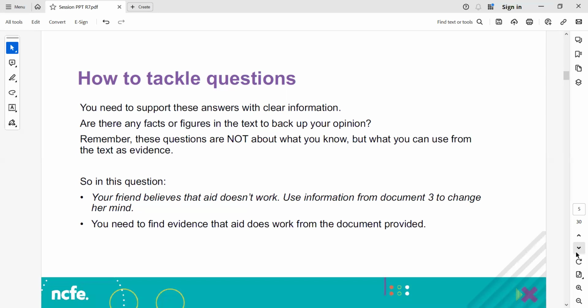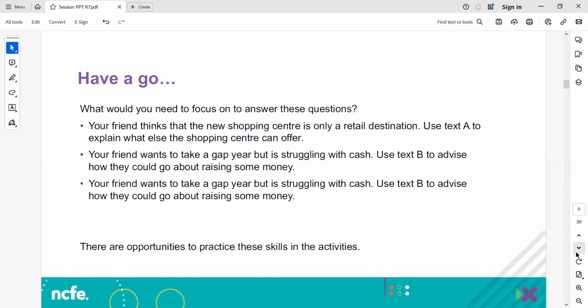Use information from document 3. So if you know nothing at all about international aid, then you are not disadvantaged, because it is not about prior knowledge. It is about the evidence that you find in the text. So any questions about that? Okay, moving on.